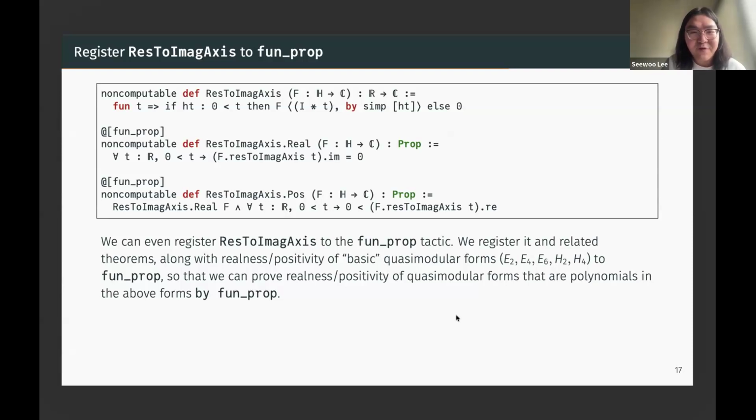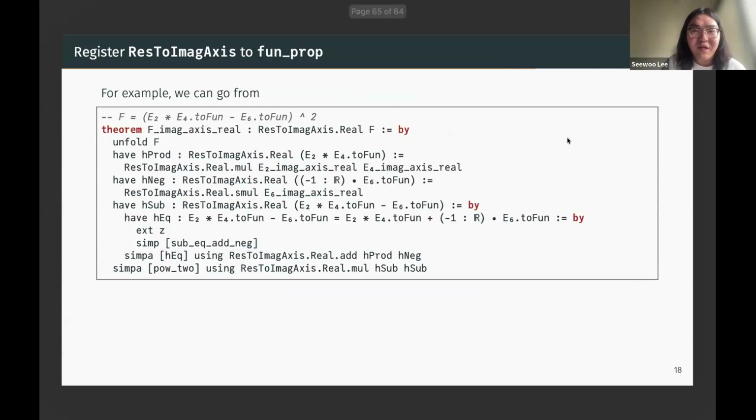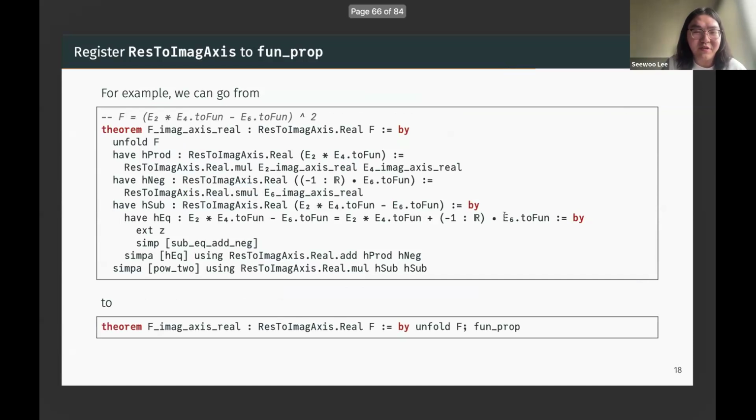So for example, we had a proof like this before, which says that this f, which is E2 E4 minus E6 squared, is real, and you can unfold that and use those basic theorems to prove that it's real. But once you have registered all those basic theorems to fun_prop, then you can just prove it in a line, which basically does almost the same thing.